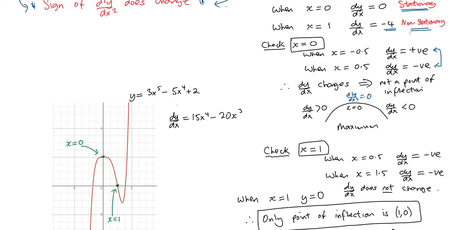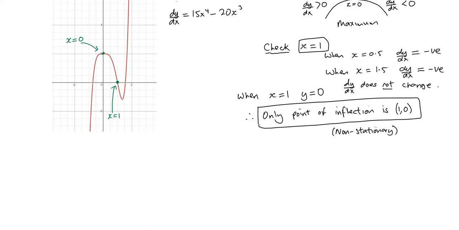Either side of x equals 1, if we just put in x equals 0.5 and x equals 1.5, we find that dy by dx does not change. And putting x equals 1 into the original equation, we get y equals 0. So it is a point of inflection, and it's non-stationary because dy by dx does not equal 0.